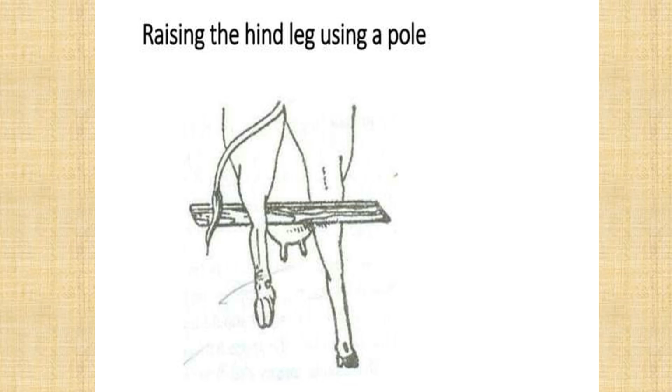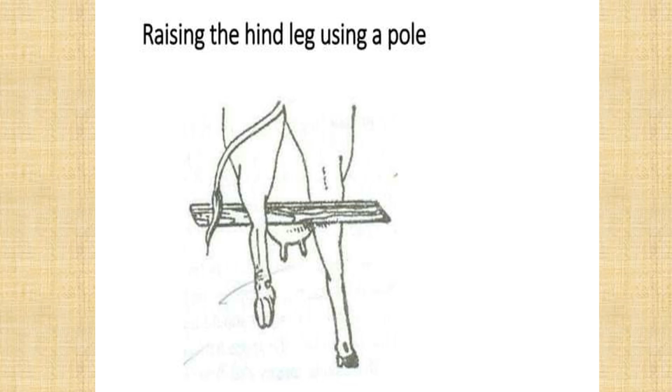Here also, as we have discussed earlier, the pole needs to be practiced in the ground area. So take your own clothing, etc. Then take a wooden pole, of course maybe a smaller size also.